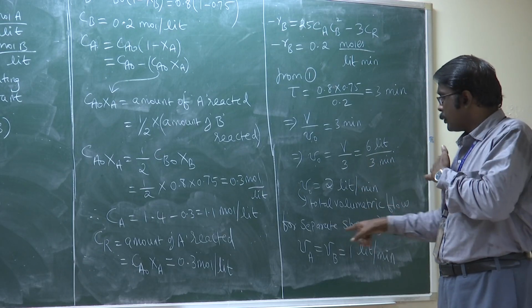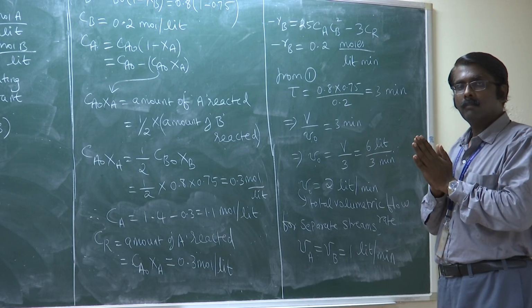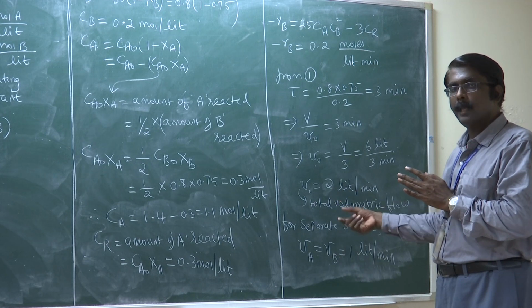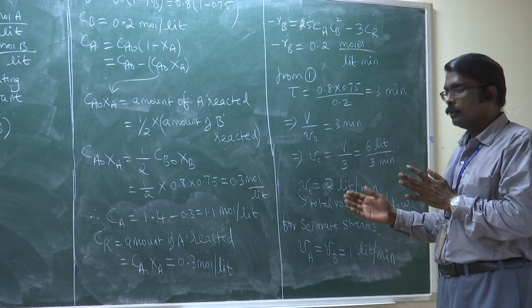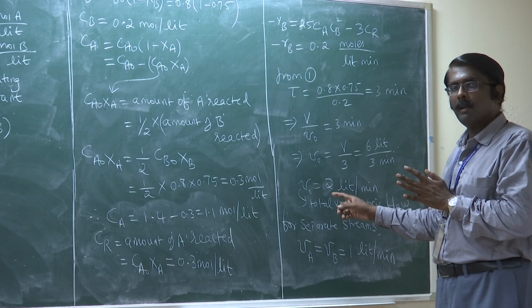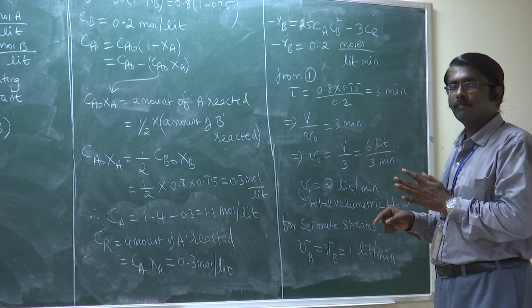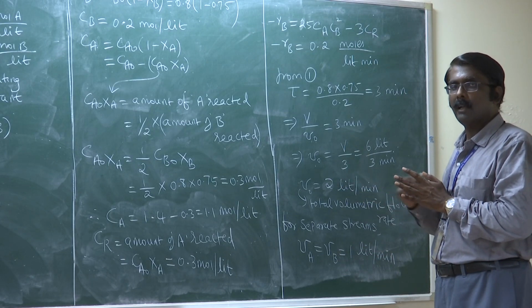Now for the separate streams, it is given that equal volumetric flow rates are entering. The combined stream flow rate is 2 liters per minute, so it should be distributed equally between both the streams. That means 1 liter per minute for each stream. So 1 plus 1 we get 2 liters per minute as the combined volumetric flow rate.